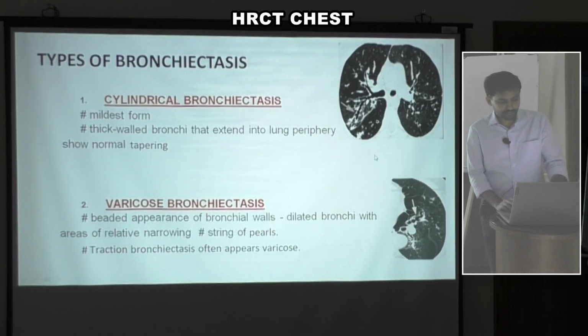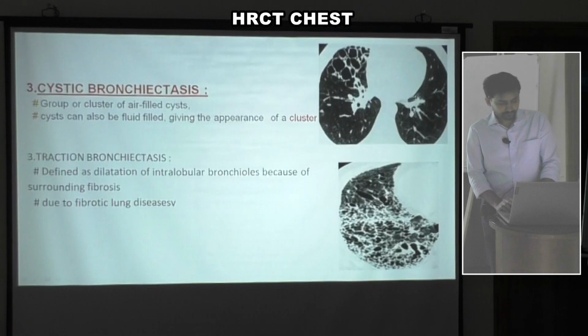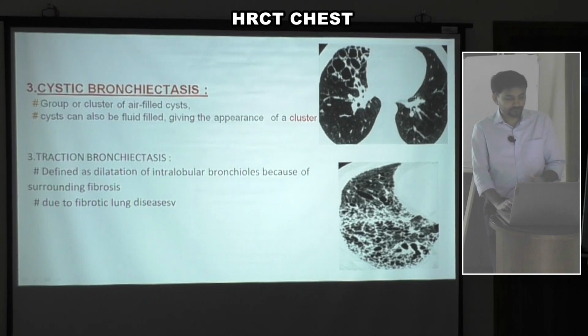So the normal types: cylindrical, this is the dilated bronchus. Depending on the shape of the appearance, we label cylindrical or varicoid. Varicoid represents relatively advanced disease. And cystic bronchiectasis is a cluster of cysts filled with air-fluid levels.